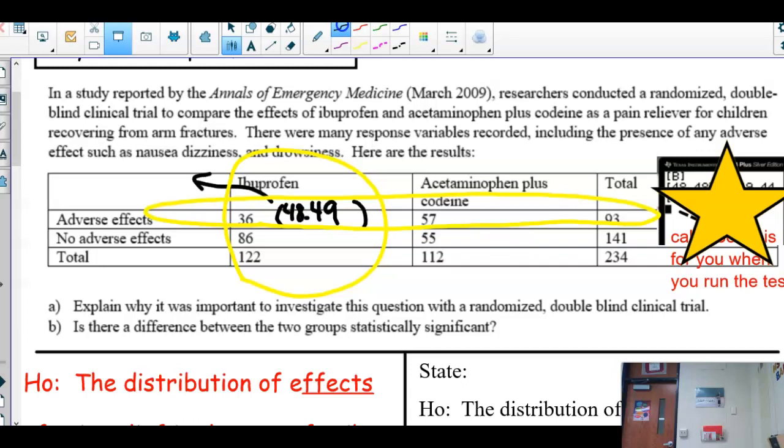So I'm going to do it again now for the acetaminophen plus codeine and the adverse effect. So now I'm taking this row total times this column total and dividing it by the table total. So my row total is 93 times 112 divided by 234. And that gives me 44.51.